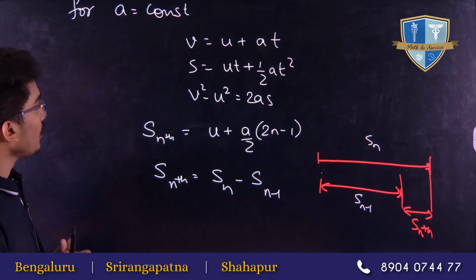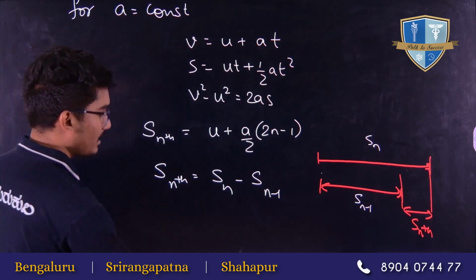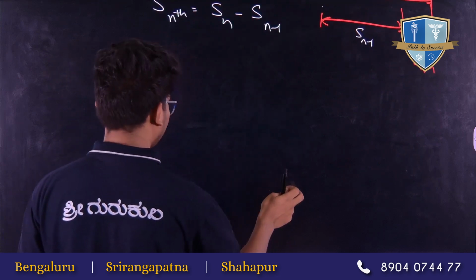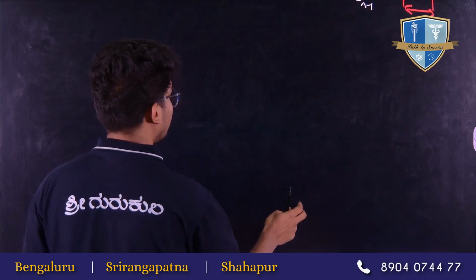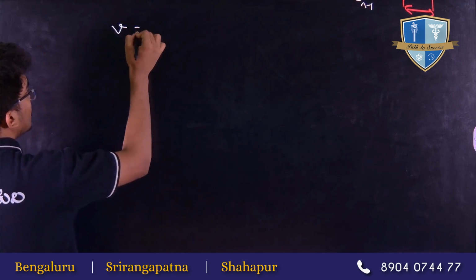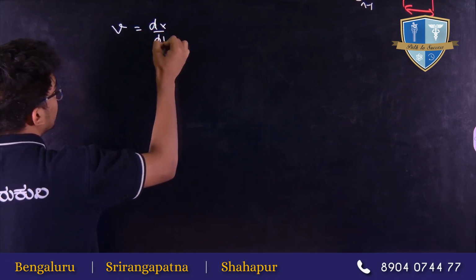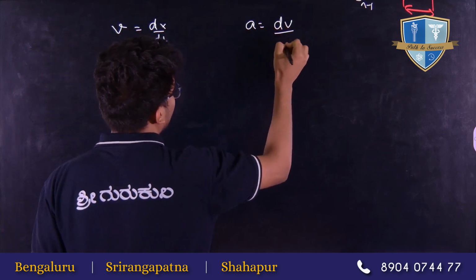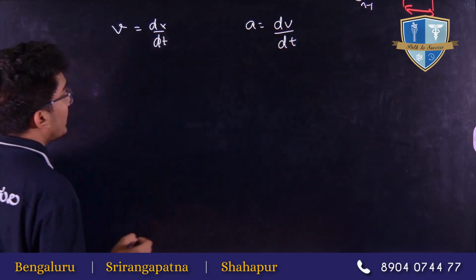Now, these are the important concepts and there are some golden rules as well, using all these three formulas, v is equal to dx by dt and a is equal to dv by dt, correct?